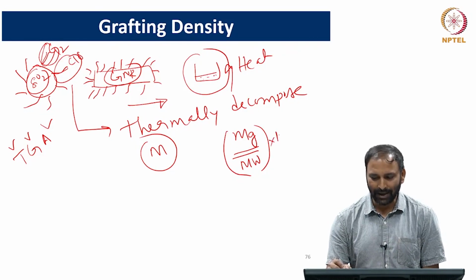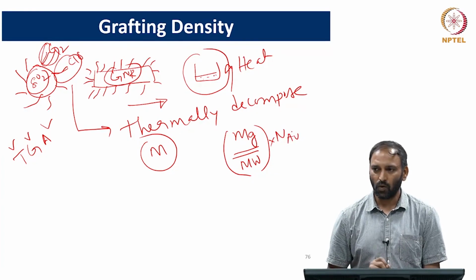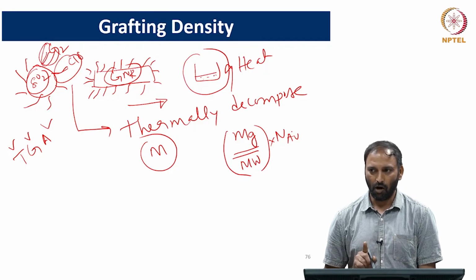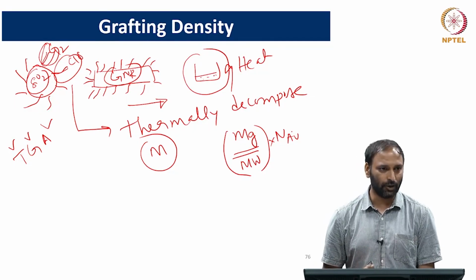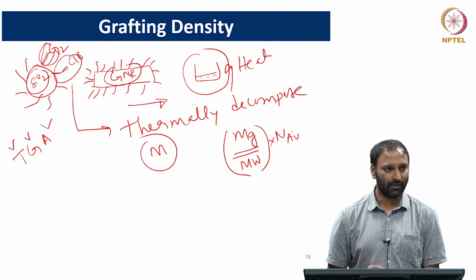Multiplied by Avogadro number, it gives the number of grafted molecules on all the particles in the sample.